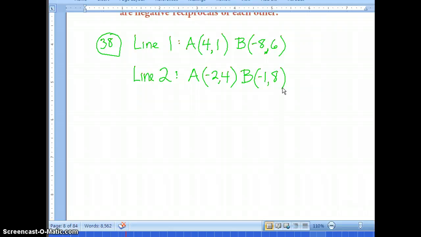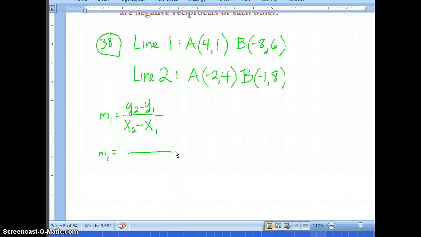And so over here I'm going to put a little m for line 1. And that would be y2 minus y1 over x2 minus x1. When I plug my values in, I'm going to let point B be my point 2.